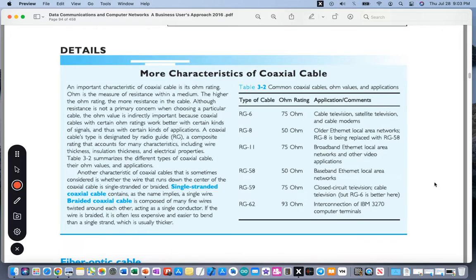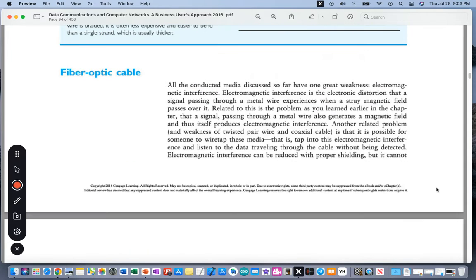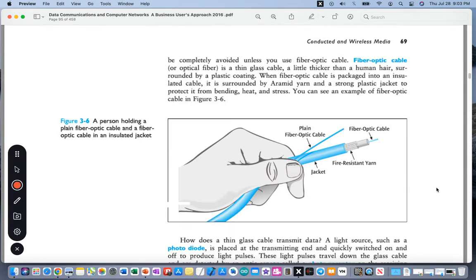And if we keep going, the more characteristics of coaxial cables, and we have RG6, RG8, RG11, RG58, 59, and 62. And each one is the application here. All right, and we have the fiber optics, then we have the insulated fiber optics like this, and the plain fiber optics without insulation, just like that.